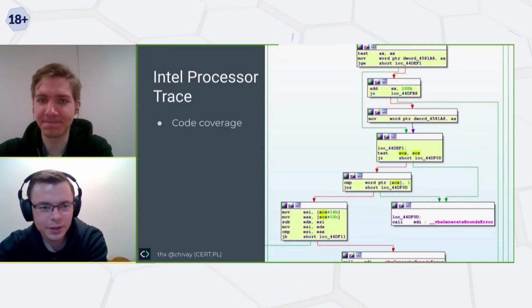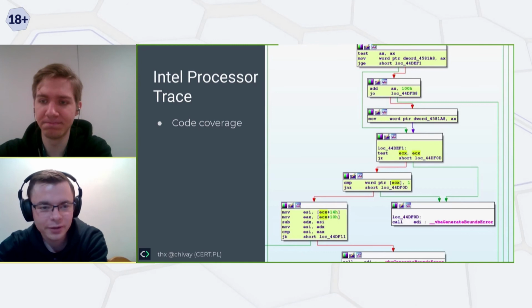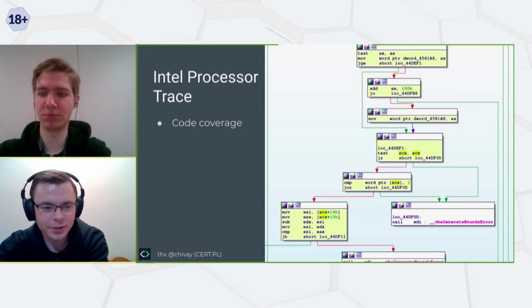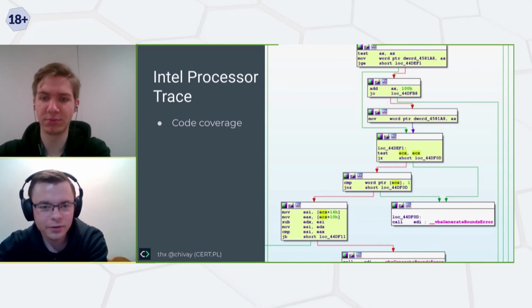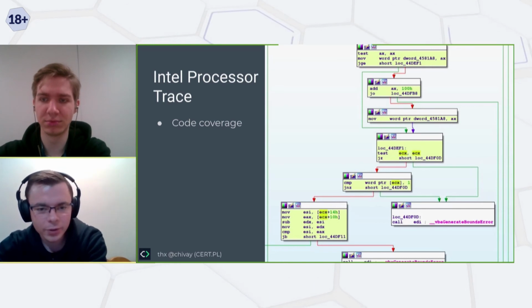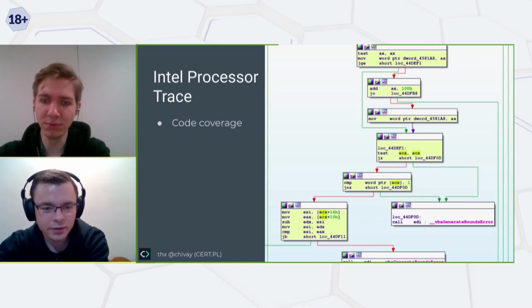What could be accomplished when we have Intel Processor Trace inside the hypervisor? So for instance, we could record the code coverage of the malware without actually hooking anything. So we run our sandbox, we run our Windows 7 VM, then we start the hardware feature called Intel Processor Trace, and it basically records all the metadata about the execution.